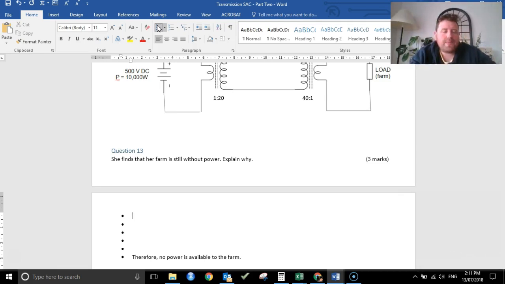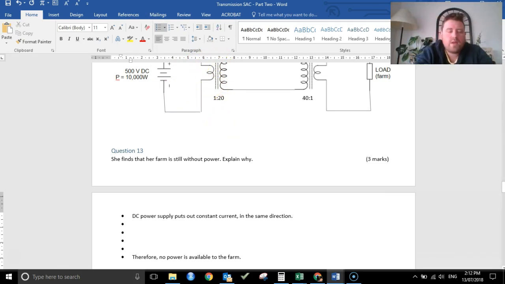So we've got a DC power supply, right? So a DC power supply puts out constant current in the same direction. Okay, that's key. That current is going to pass through the primary coil of the transformer, and it's going to produce a magnetic field.